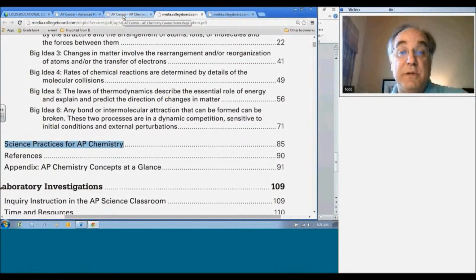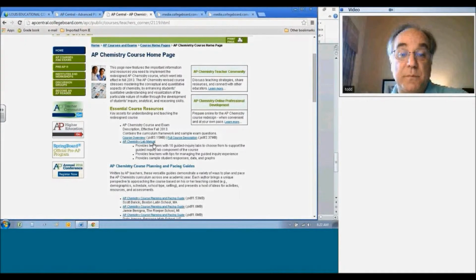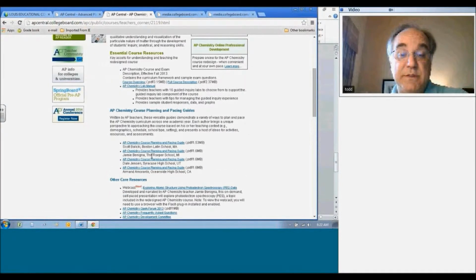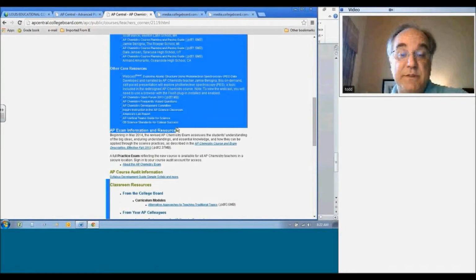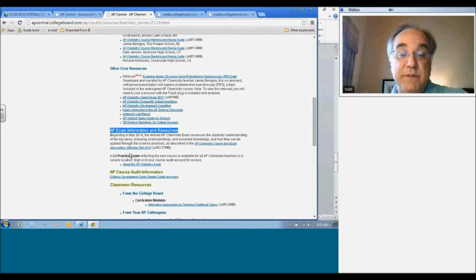The other place that you can go to on AP Central is the AP Chemistry Lab Manual, which is right there. And if you come down to the AP Exam Information and Resources, you can pull up a full practice exam.